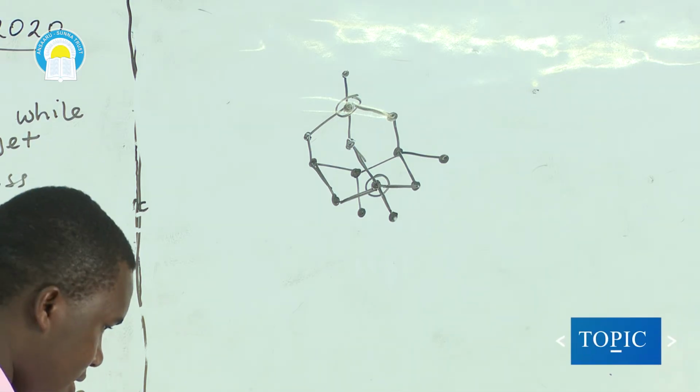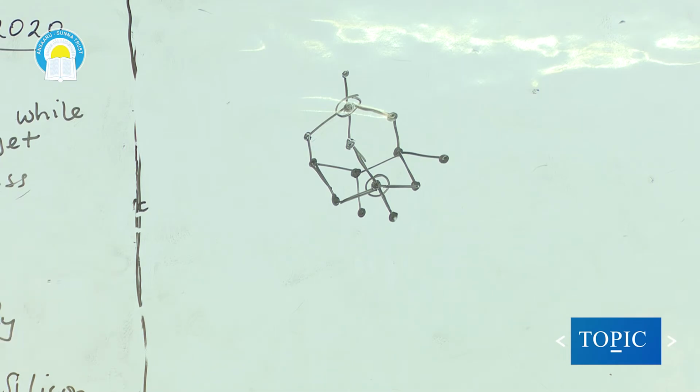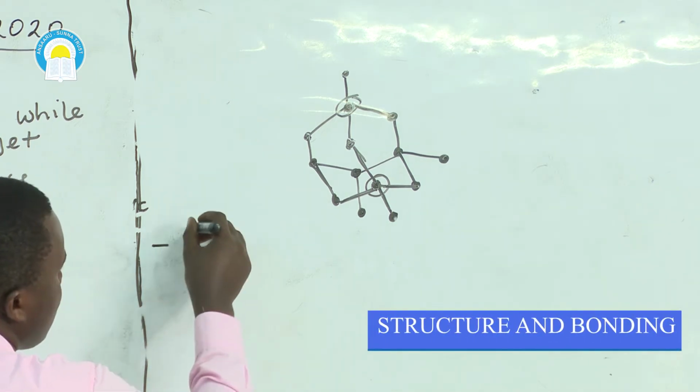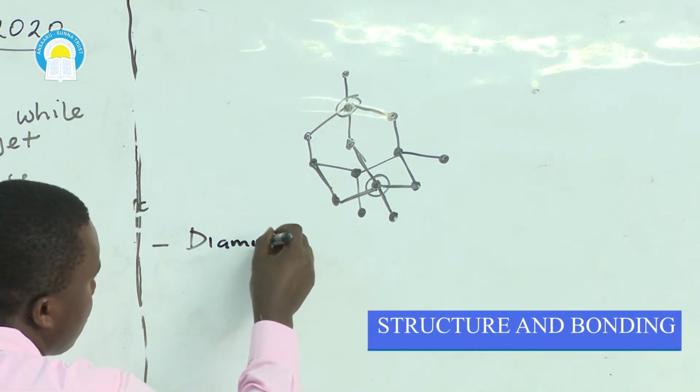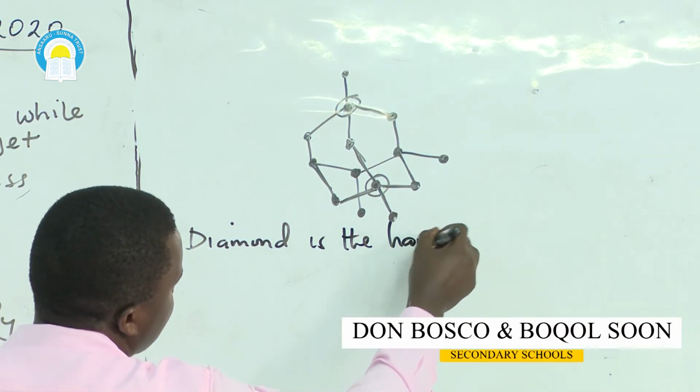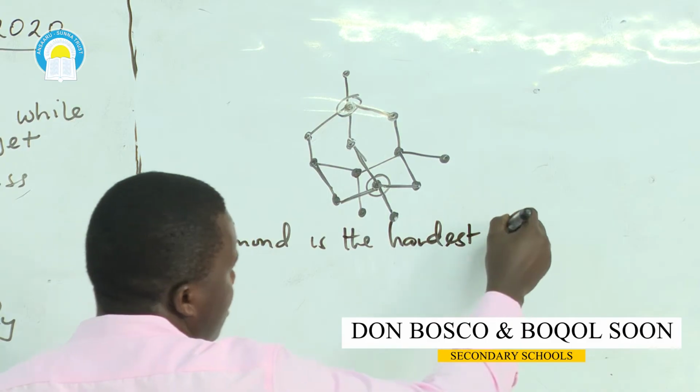Next, it is also important to know that diamond is the hardest known substance.